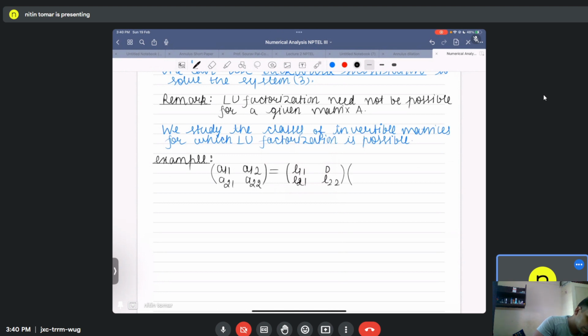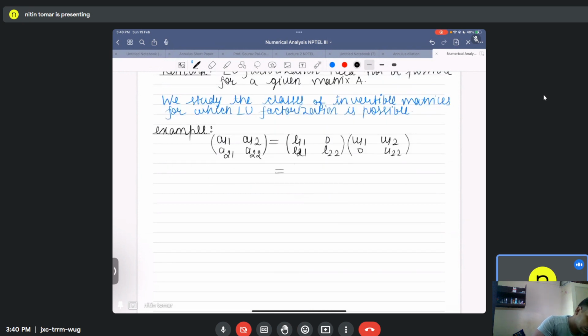Times U11, U12, 0, U22. So this will be L11 U11, L11 U12. Remember A is given, okay? A is given. So you have to solve for L11, L21, L22, U11, U12, U22. Is that fine? Yes, sir. And here you will have L21 U11 and some big term.